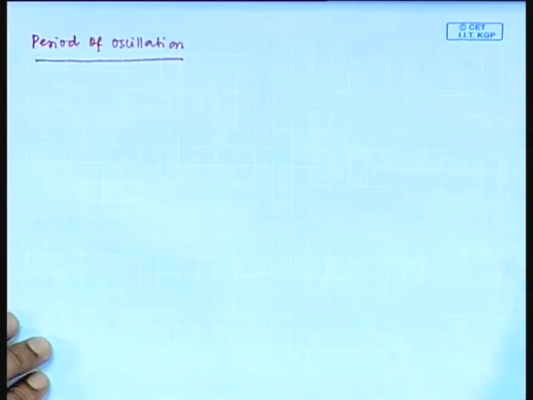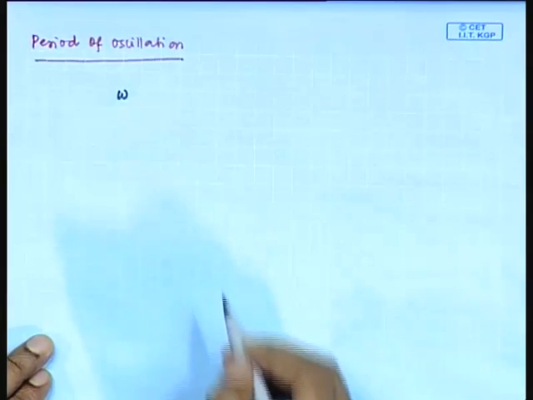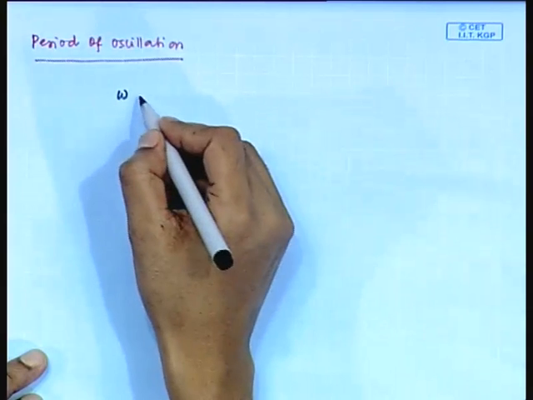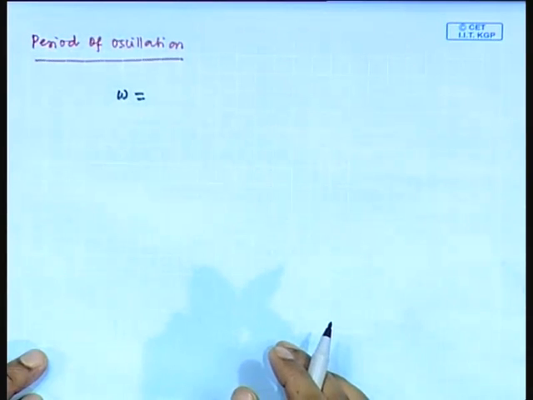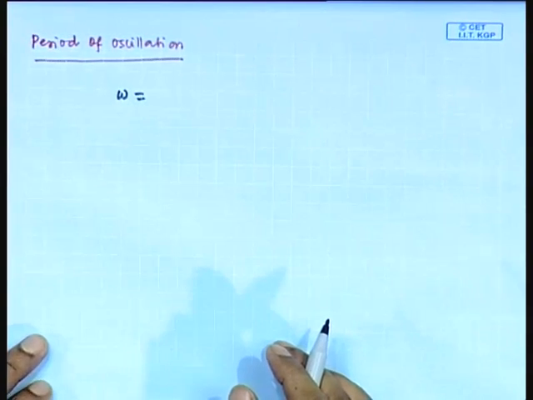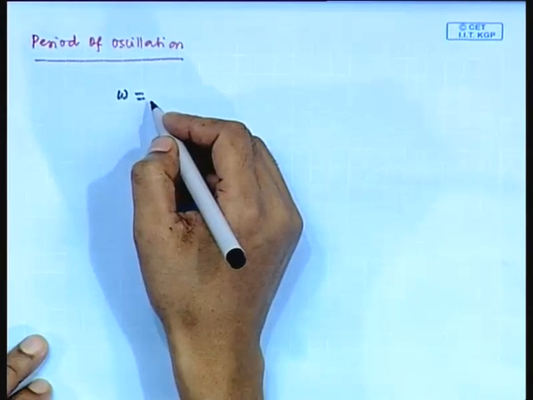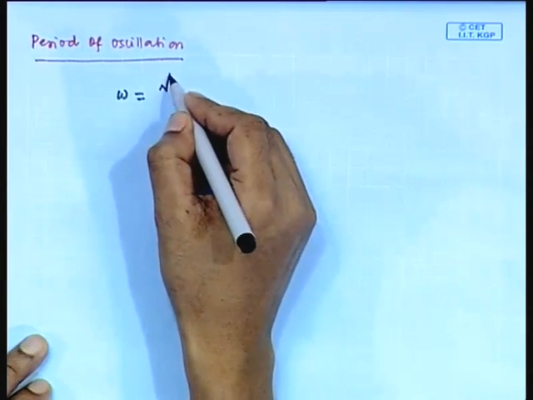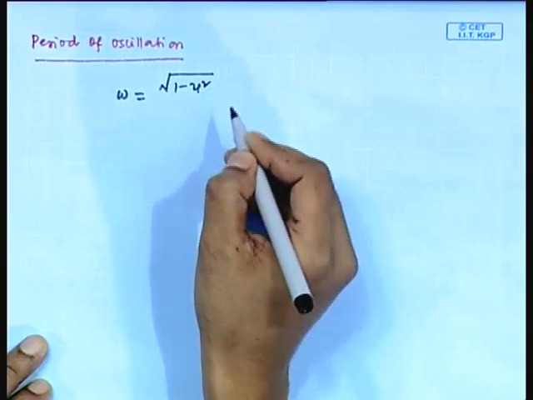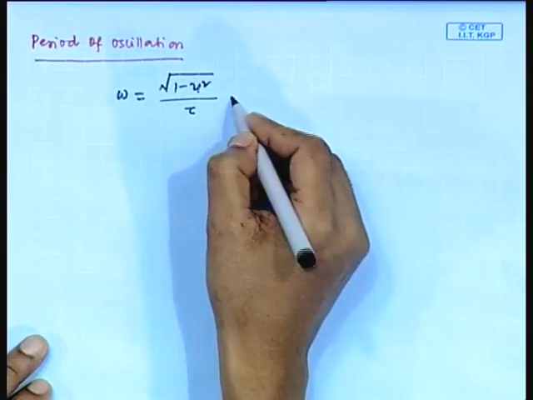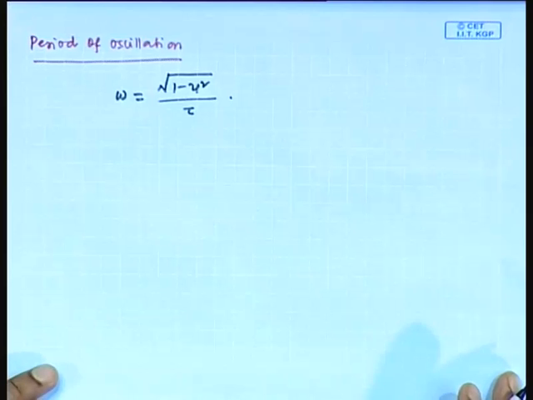For an underdamped response, we got previously the expression for radian frequency, where omega equals root over of 1 minus zeta square divided by tau. Fine. This equation we have used in the expression of y in time domain for underdamped case.